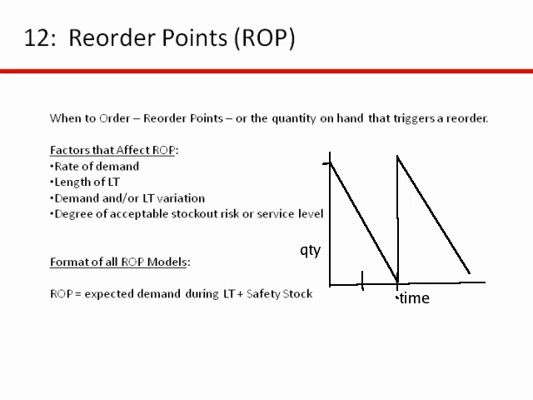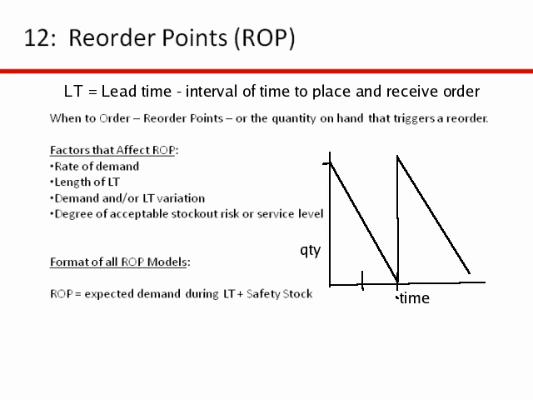Okay, so lead time, LT, is the interval of time to place and receive an order. This interval of time right here, this would be the lead time that I've just drawn. This is the lead time right here, LT.